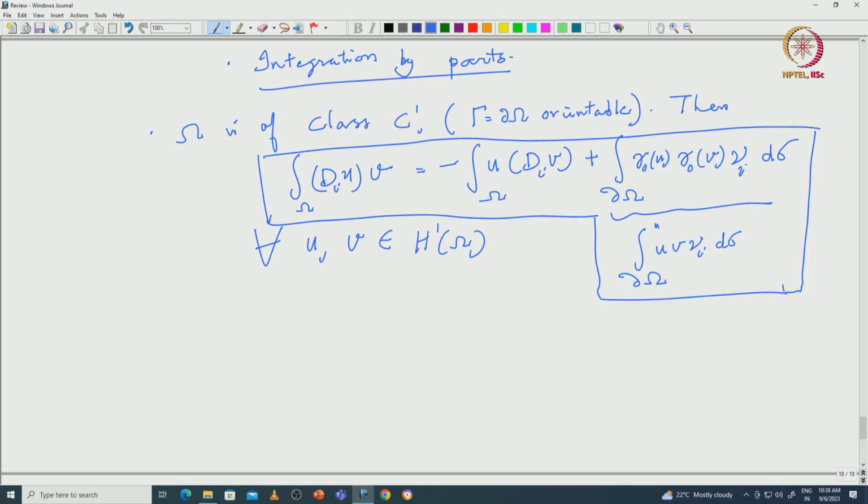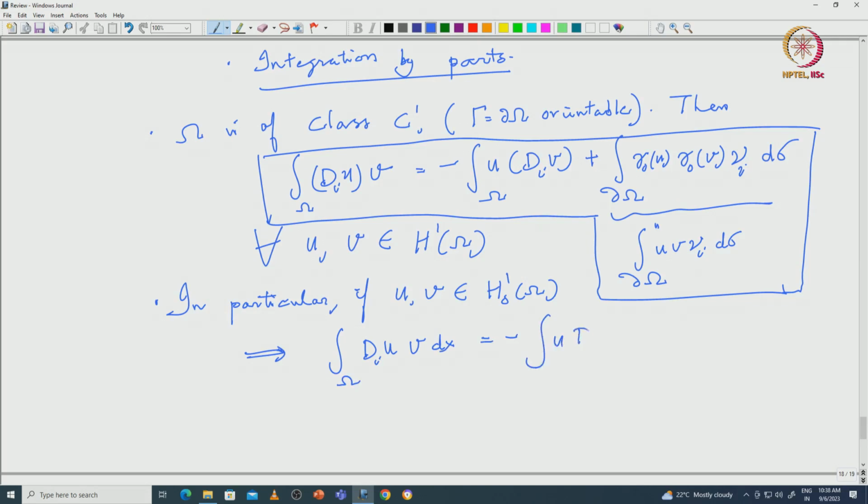In fact, many things in the Sobolev spaces got motivated last time by an attempt to understand integration by parts. In particular, if the trace values are 0, that is, if at least one of u, v is in H^1_0 of Omega, that implies the integral of d_i of u times v dx over Omega is equal to minus, you can interchange, you can take the derivative to the other one, dx.